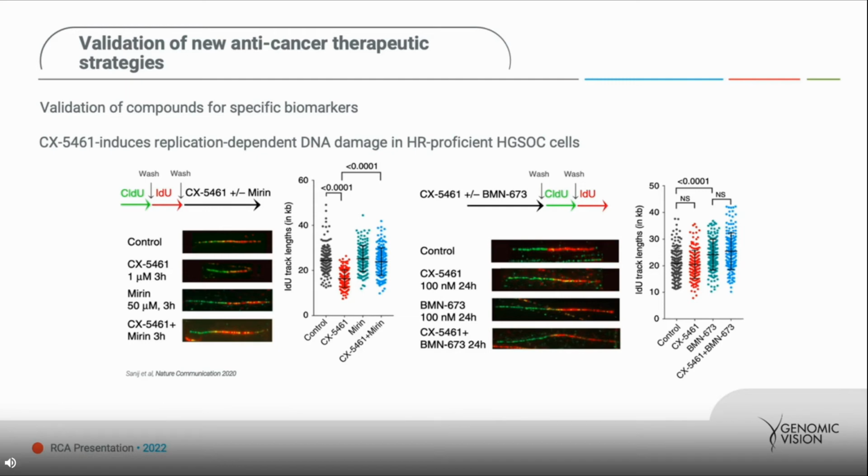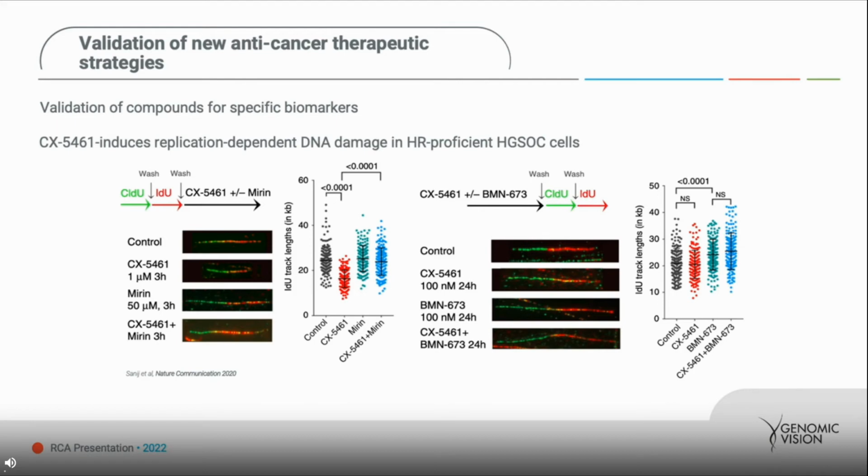And we can see on the graph here that with the CX5461, the IdU track is shorter, indicating that CX5461 treatment causes an overall decrease in track length, as you can see in the graph also with a red plot. This suggests the degradation of replication forks upon induction of DNA damage and repair by CX5461.